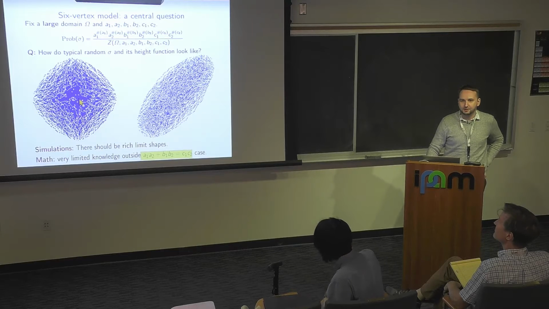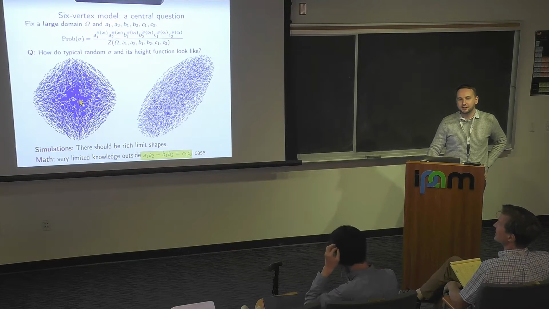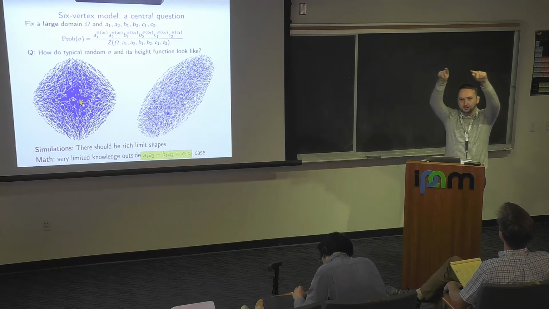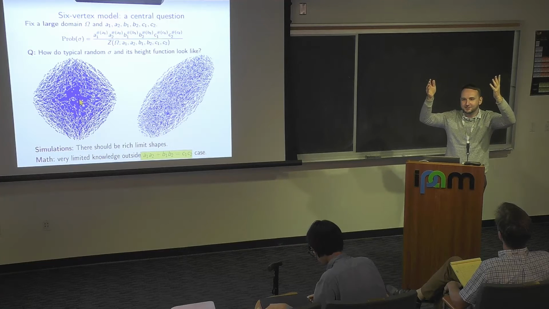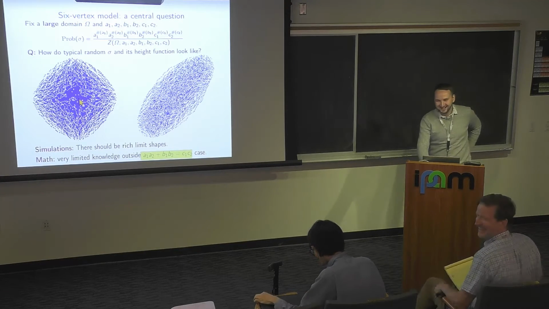You said we don't even have a conjectural expression? No, conjectural expression. For the limit of the height function. Right. Philippa can tell you what the frozen boundary is, where one behavior changes to another. But inside this frozen boundary, nobody can tell you what should be there.